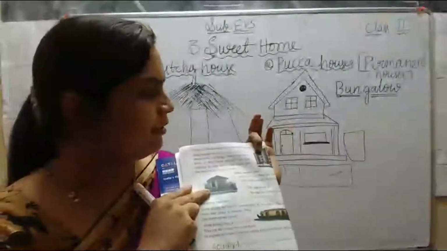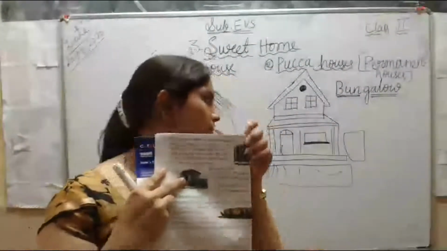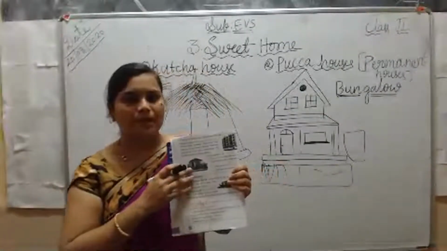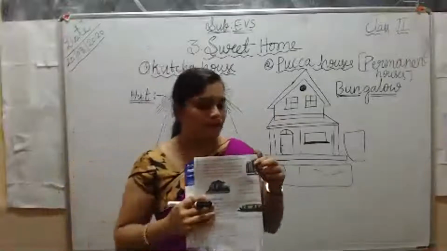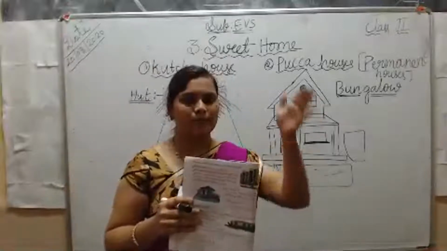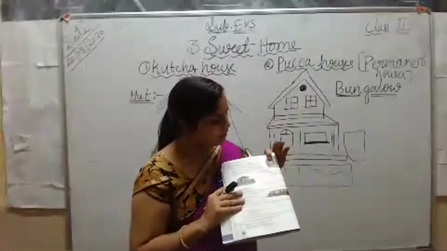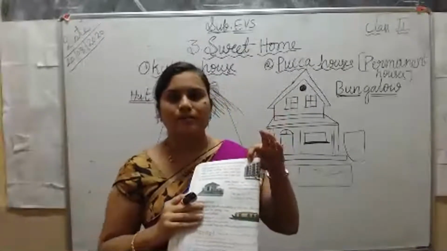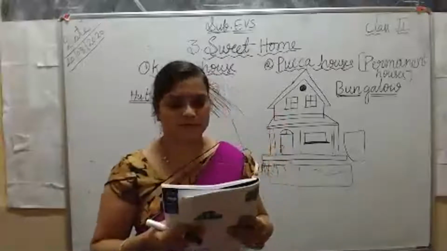In an apartment, we do not see any garden and parking area. A bungalow has a big area. In an apartment, it is a small area with a big construction, and many flats are there, containing only 2 or 3 rooms.